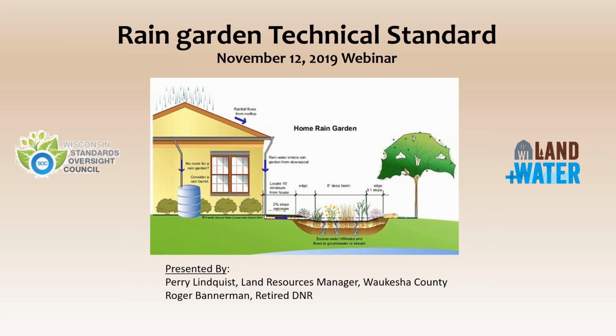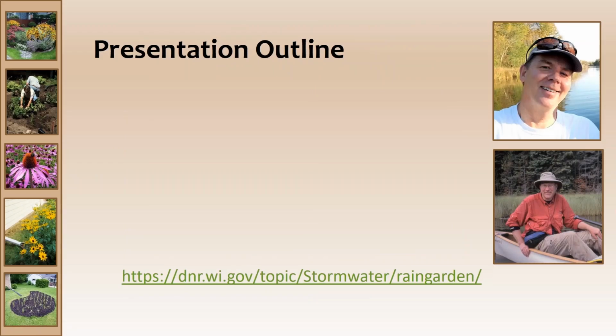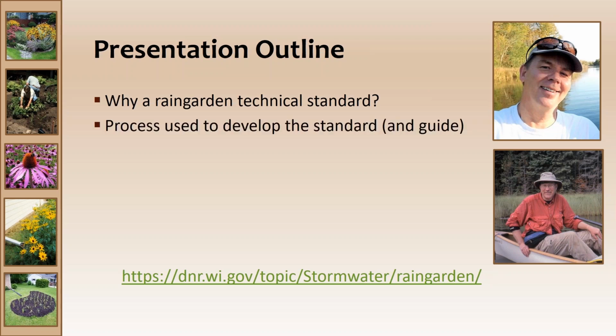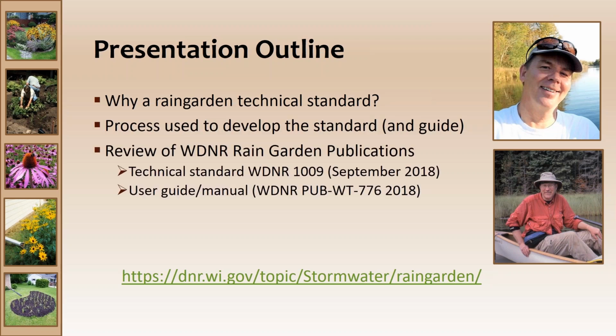All right, thank you, Penny. I'll just start out by mentioning that Roger Bannerman will be joining me. Our outline for the presentation today is, first, we're going to talk about what a rain garden technical standard is and why we need one, what the process was that we used to develop it, and then go through the standard in detail, at the same time touching on the user guide or the manual.